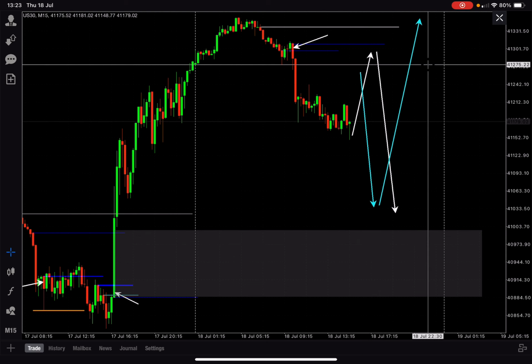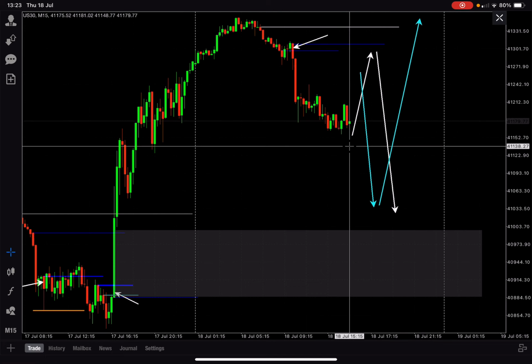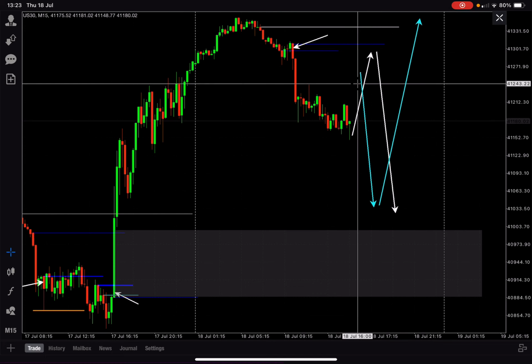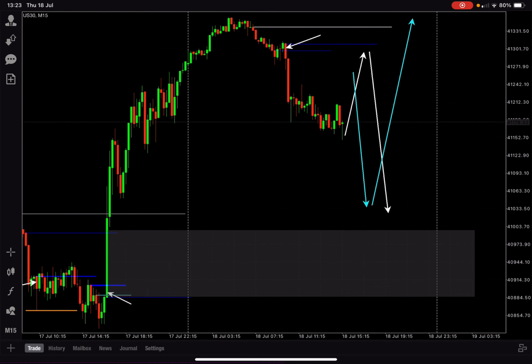There's a very high probability they will continue to buy. They have to move price to these areas to exchange their orders, from buys to sells and sells to buys. So look out for that, and we'll go over it tomorrow in the next video. We'll recap today's price action and show you what it shows for the next day.